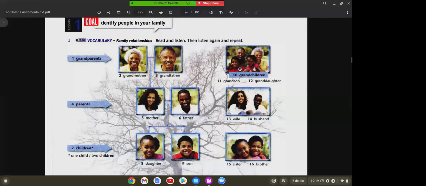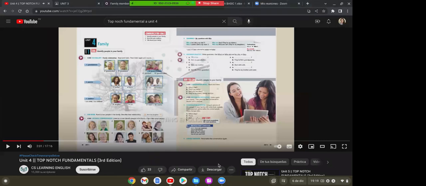Son. Grandchildren. Grandson. Granddaughter. Wife. Husband. Sister. Brother.